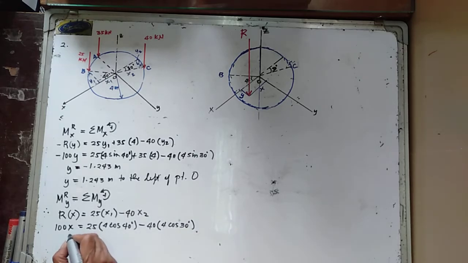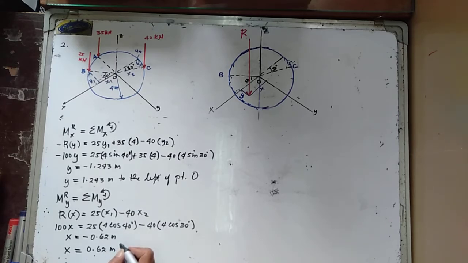And therefore, the value of x is equal to negative 0.62 meters. And therefore, the value of x is now equal to 0.62 meters.